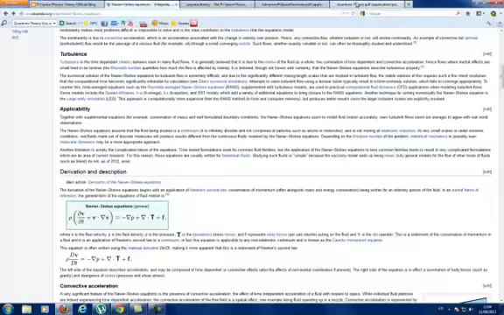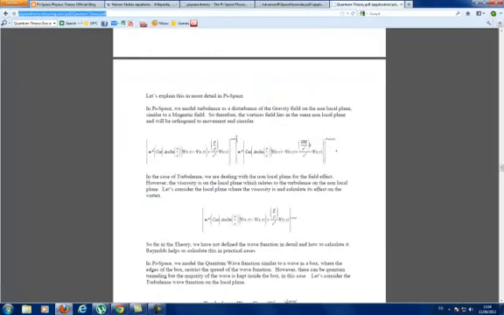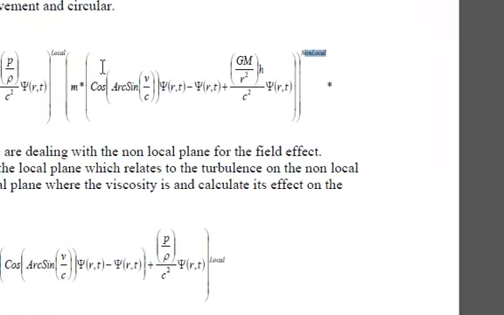The way I do this in the quantum theory doc is I talk about what's called the local plane, and I talk about what's called the non-local plane. It's pretty simple. The mathematics actually aren't that complicated. The local plane is our reality. It's sitting in a room under gravity, under air pressure.